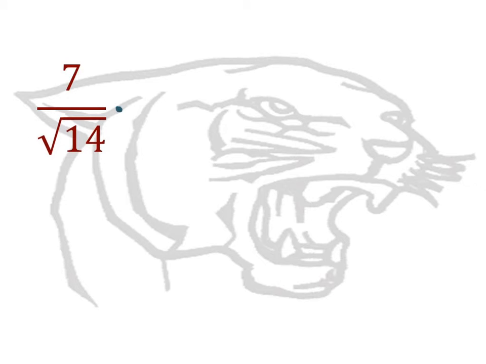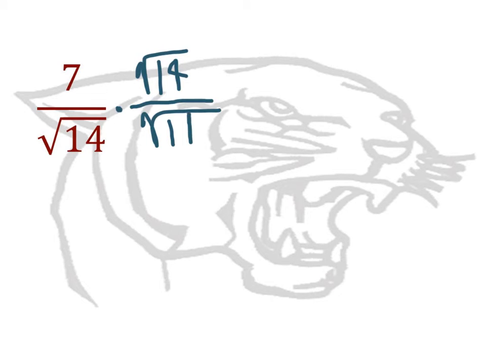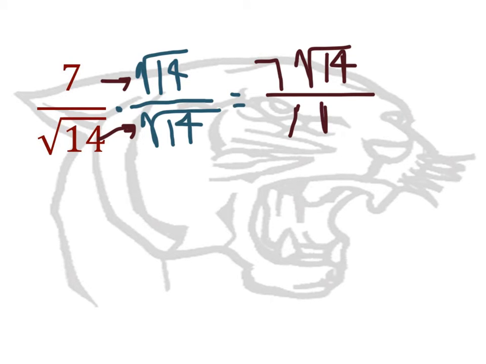The next problem is 7 over the square root of 14. So we multiply by the square root of 14 over the square root of 14. Multiply straight across. You have 7 square root of 14 over 14.